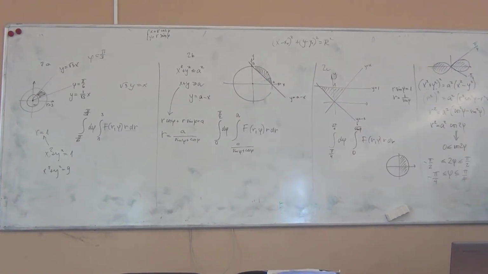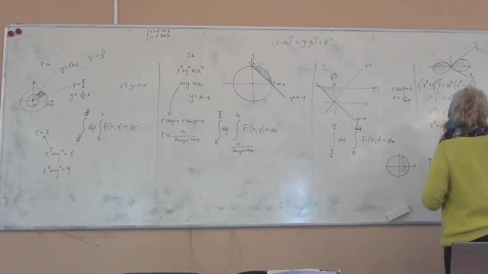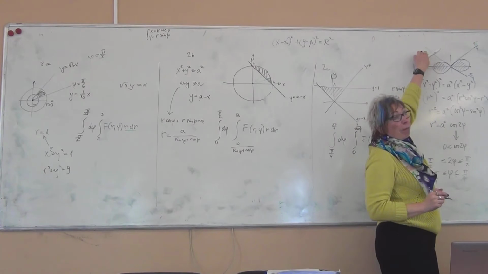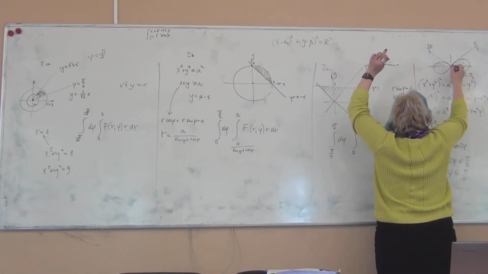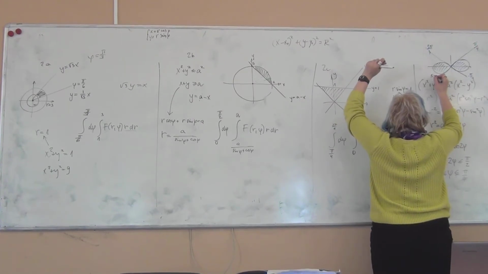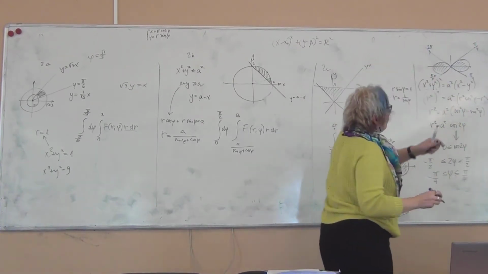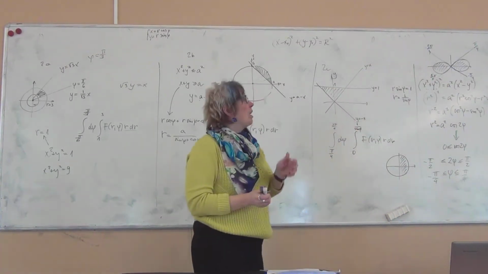And then of course for the left-hand part also the corresponding values. This would be 3 pi over 4, and this would be 5 pi over 4, simply to deal with the corresponding angles.